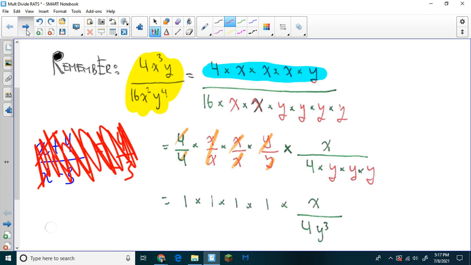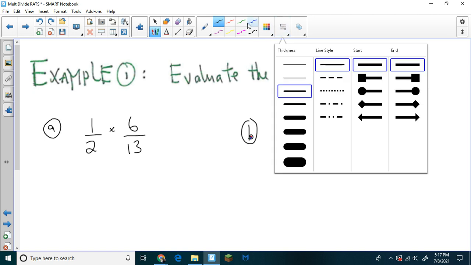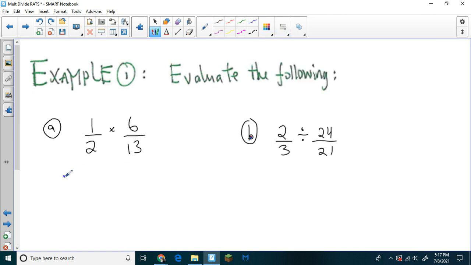Okay, so let's get started. We're going to ease ourselves into this and look at it from a simple perspective, when we dealt with just numbers, and then move on. So here I have two fractions that are being multiplied. When I multiply fractions, I just multiply the tops together and the bottoms together.